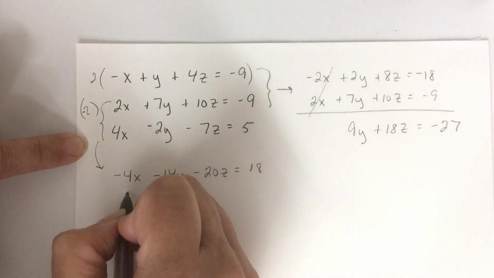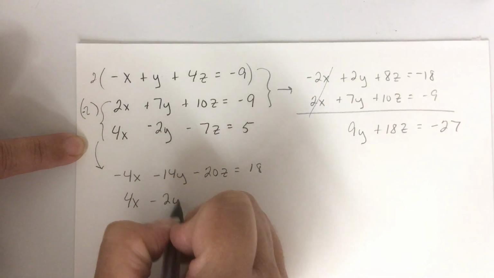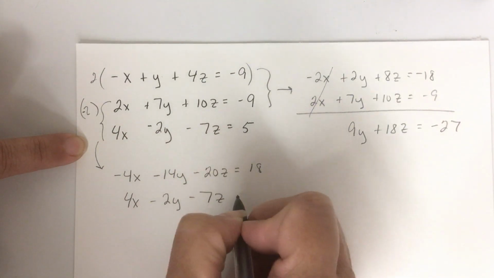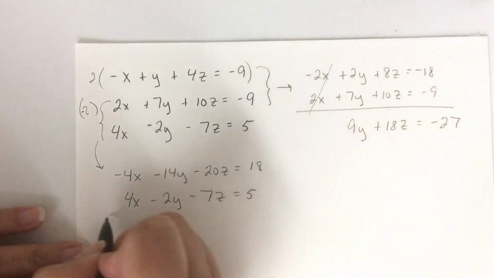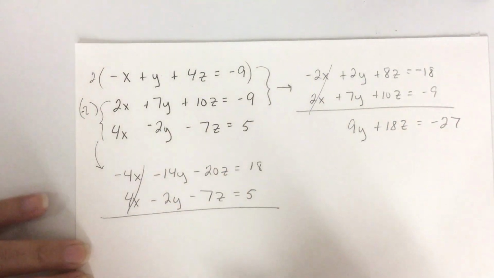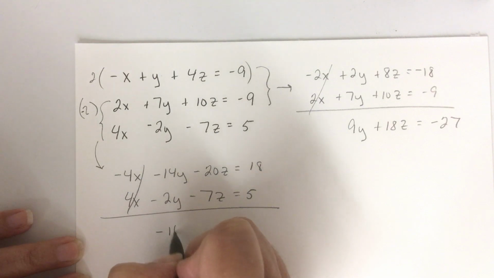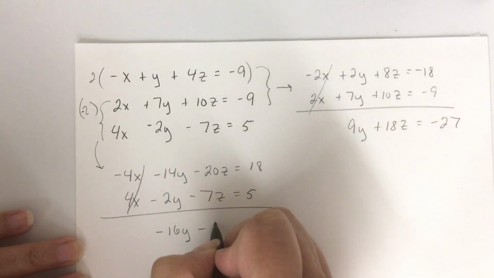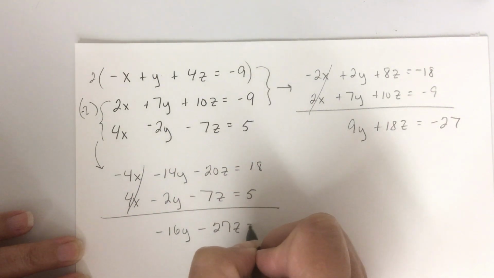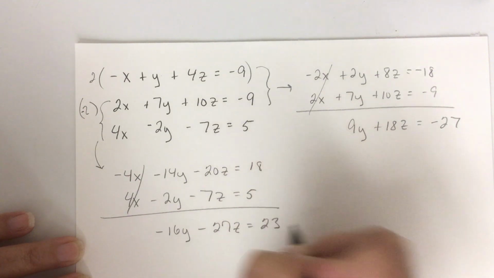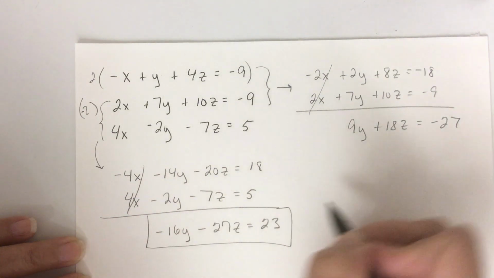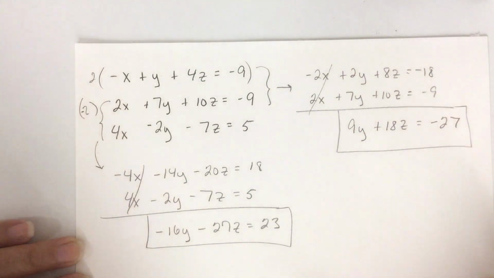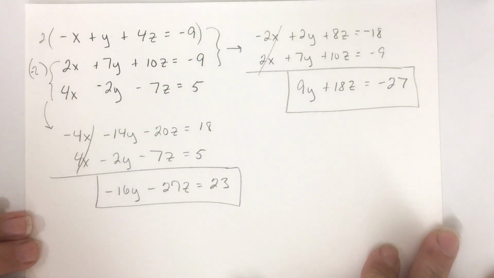Then this is going to stay the same: 4x minus 2y minus 7z equals 5. I'm going to add those together, which gets rid of my x's, and I'm going to have -16y minus 27z equals 23. So I have this equation and this equation that only have a y and a z in them. Okay, so now I'm going to work with them.